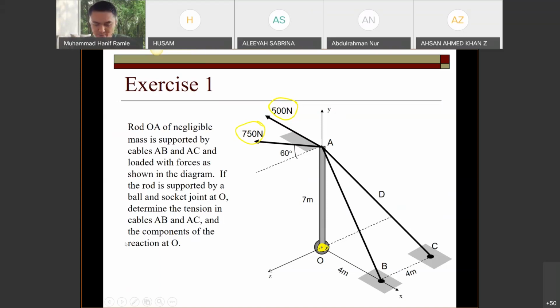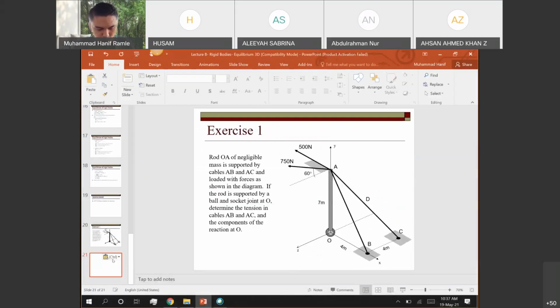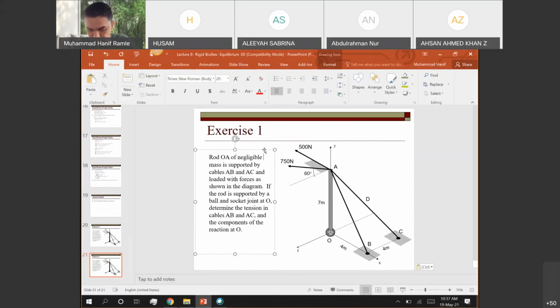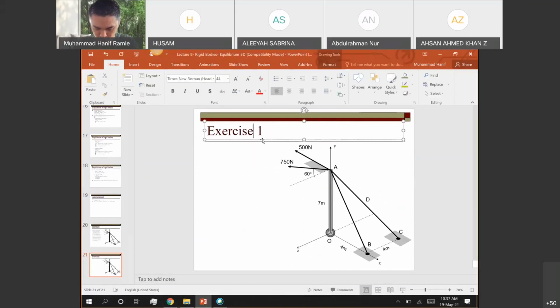You can draw the FBD on your sheet of paper right now, while waiting for me to do something. Please do it now. Which rigid body do you want to select for drawing the FBD?